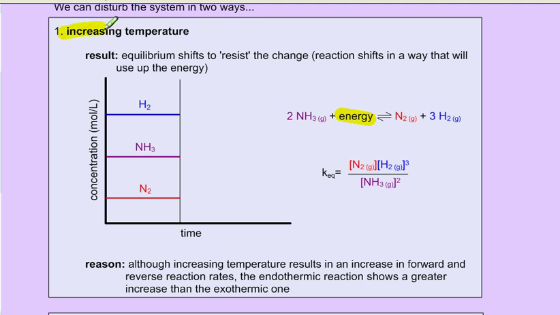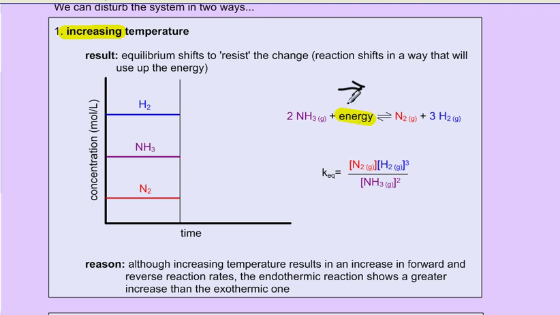If we increase the temperature of our chemical system, what we're doing is we're allowing that forward reaction to go an awful lot faster than it did before. Now, since you learned about rates, you know that increasing the temperature will also increase the rate of the reverse reaction. But since this is an endothermic reaction, the forward reaction will increase in rate more than the reverse reaction will.